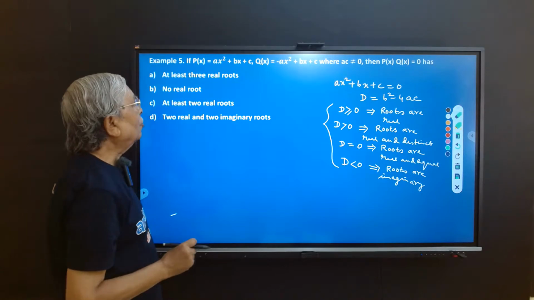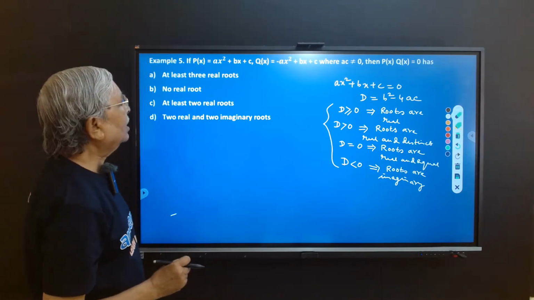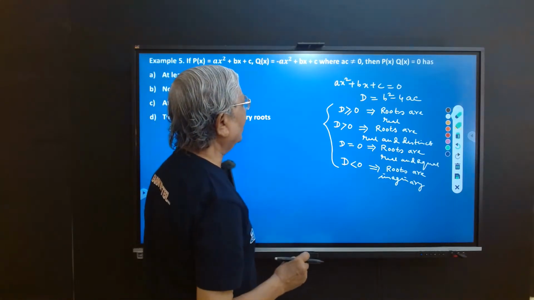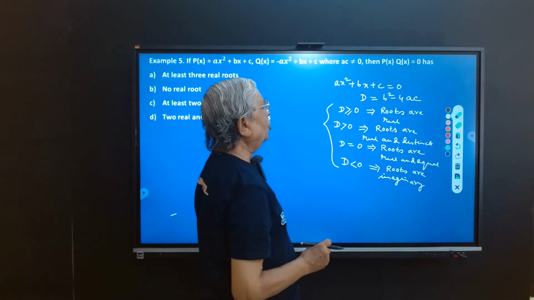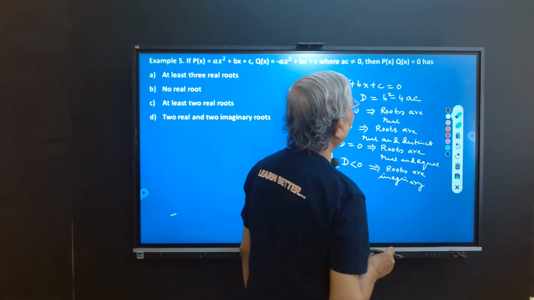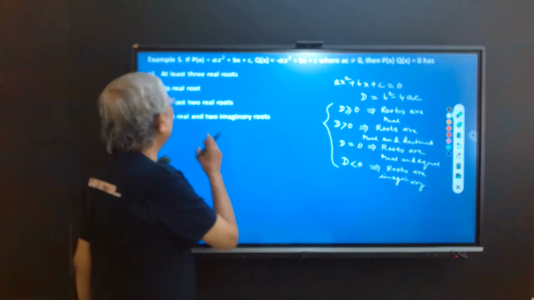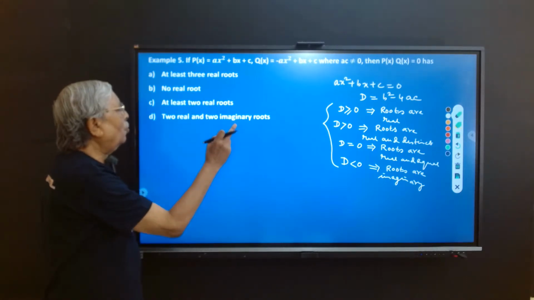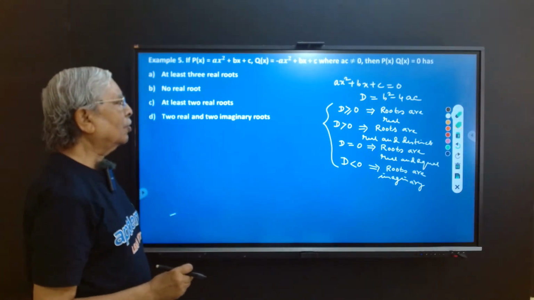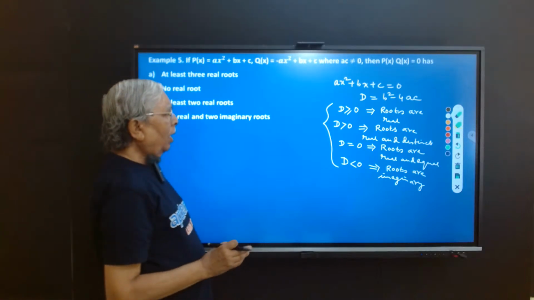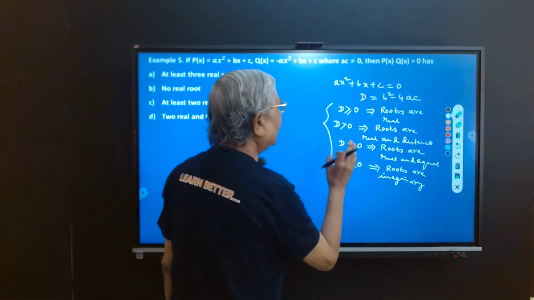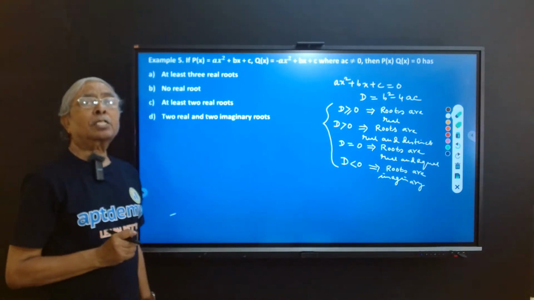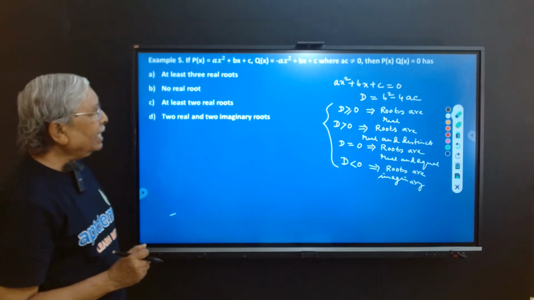Now what you are given? If px is equal to ax squared plus bx plus c, qx is equal to minus ax squared plus bx plus c, and ac not equal to 0, then px into qx equal to 0 has at least 3 real roots, no real root, at least 2 real roots, 2 real and 2 imaginary roots. How we will discuss this problem? Let us denote the discriminants by d1 and d2.